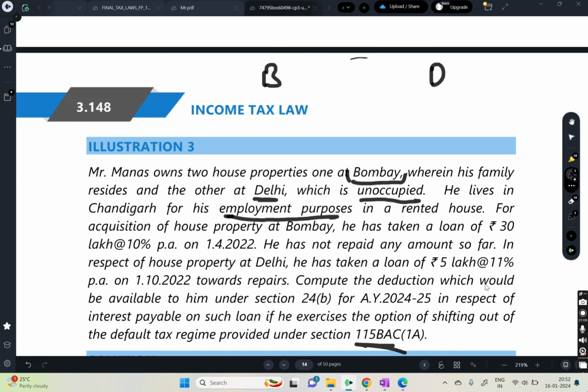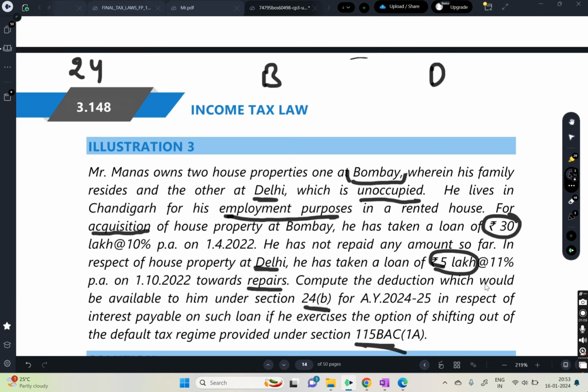Acquisition means buying the house at Bombay; he has taken a loan of 30 lakhs and did not repay any money. And for the Delhi house, he has taken 5 lakhs, for repairs. Compute the deduction which would be available to him under section 24B.